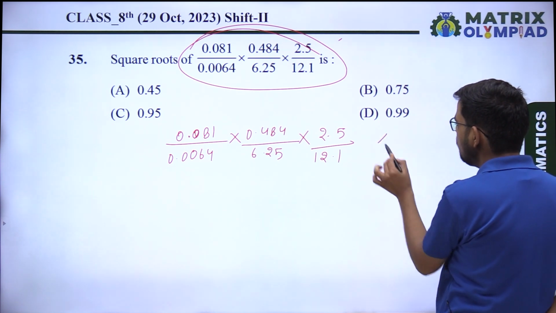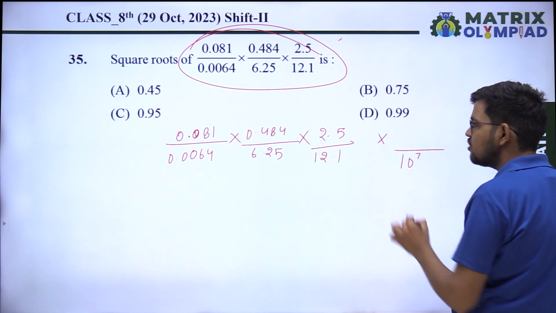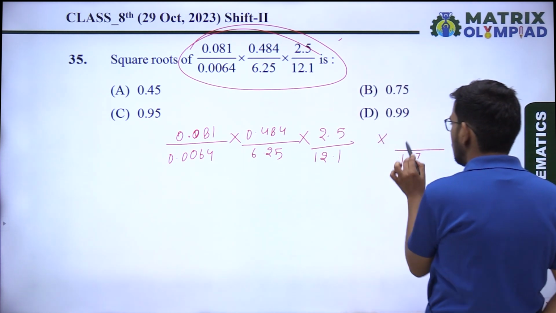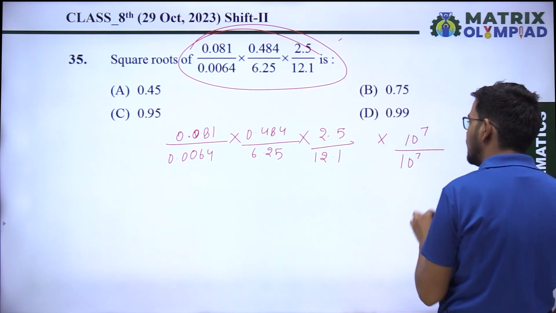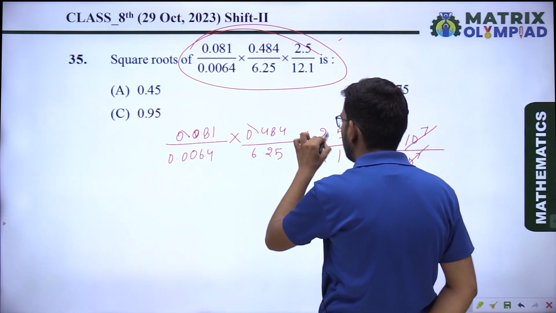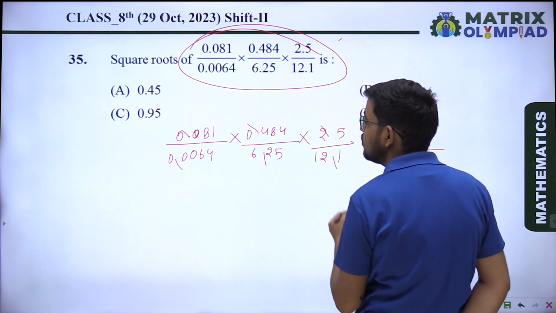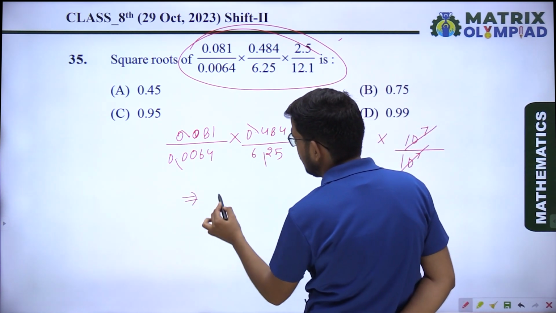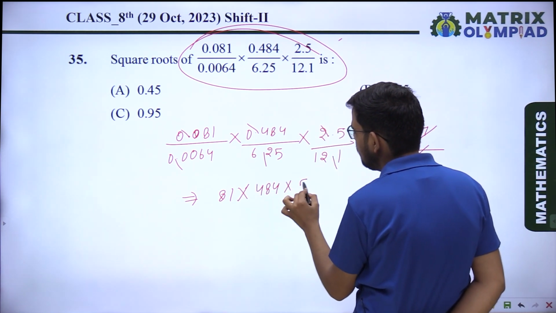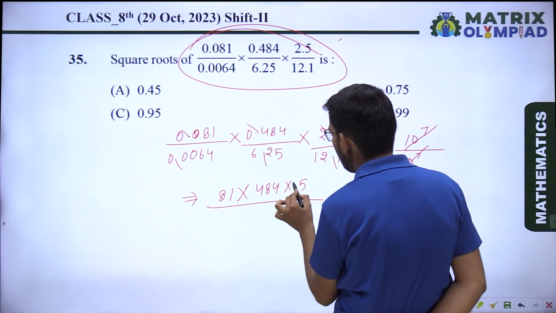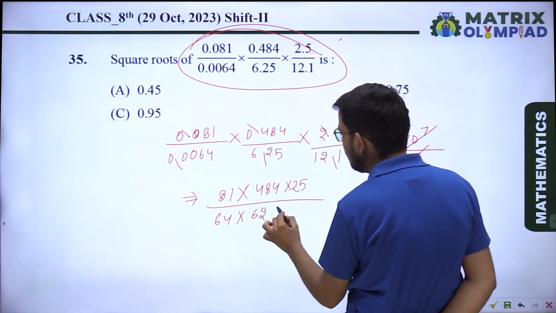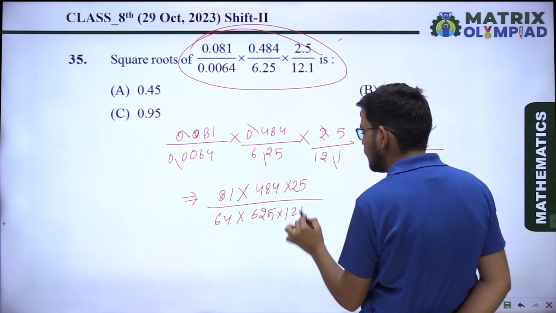So when we remove them, we divide by 10 raised to power 7, and in the denominator, 1 2 3 4 5 6 7, so here we multiply by 10 raised to power 7. So these will cancel out, and the decimals will be removed. So the value is 81 multiplied by 484 multiplied by 5 upon 25 upon 64 into 625 into 121.